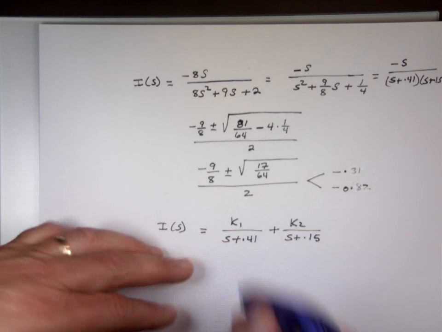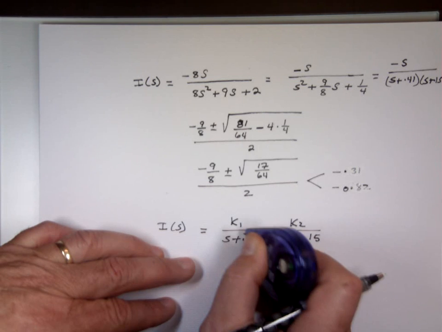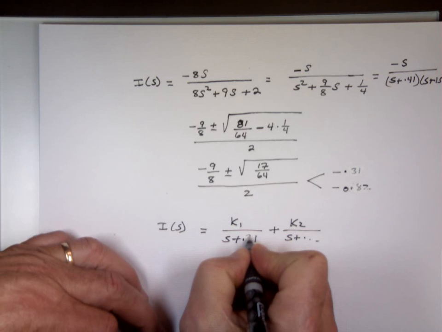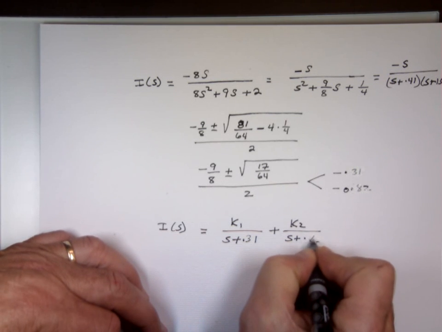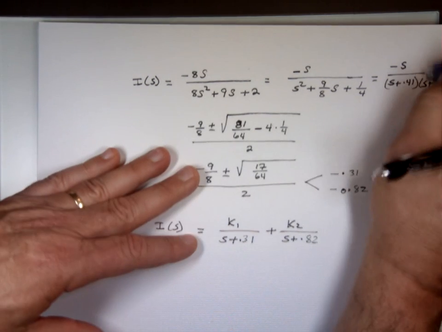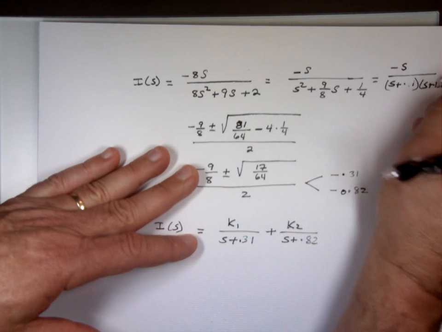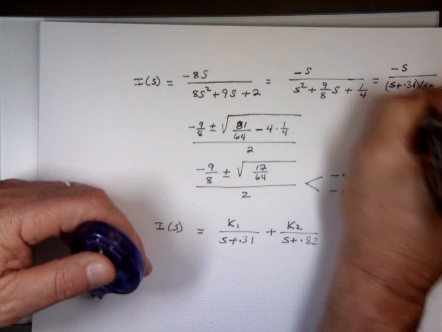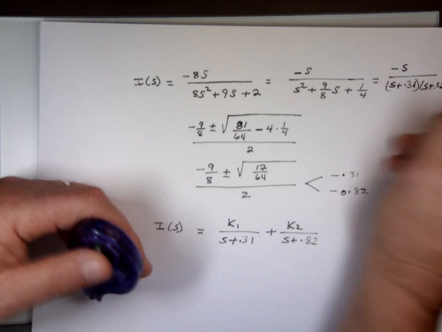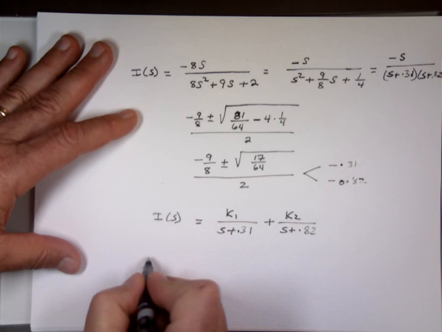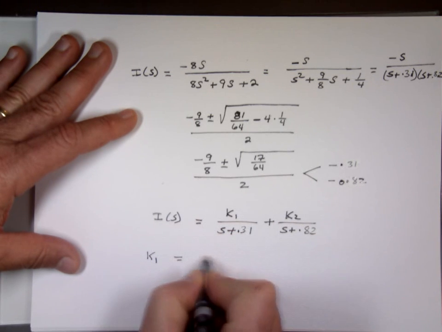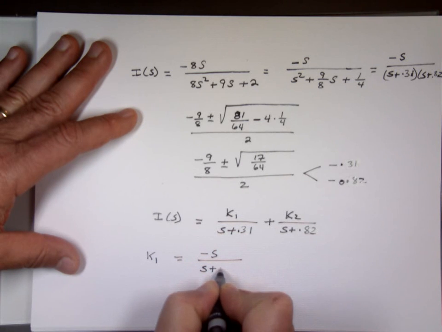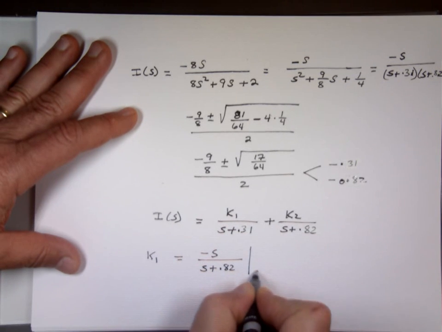So this will be then 0.31, 0.82. I got to change the other one. So this is 0.31 and that's 0.82. That's what I got too. Thank you. Let's find K1. K1 is going to be negative S over S plus 0.82. You want it when S equals negative 0.31.